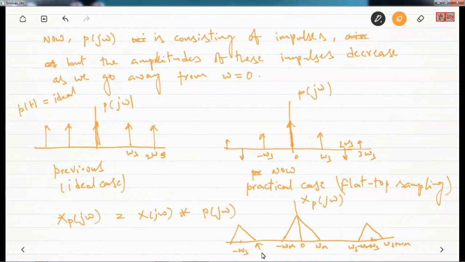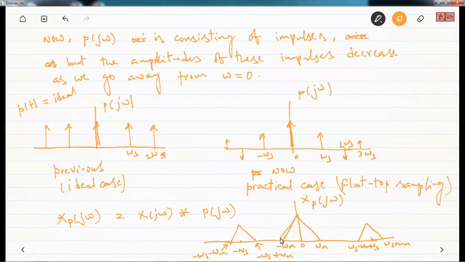So xp of j omega will still contain your x of j omega, and your other amplitudes will be lower.